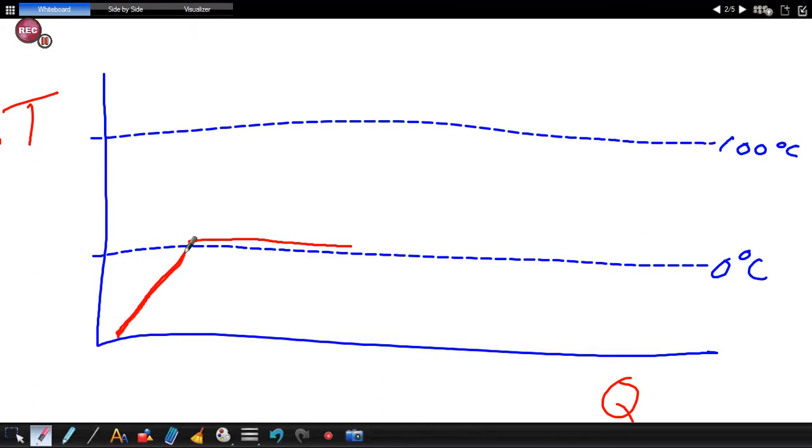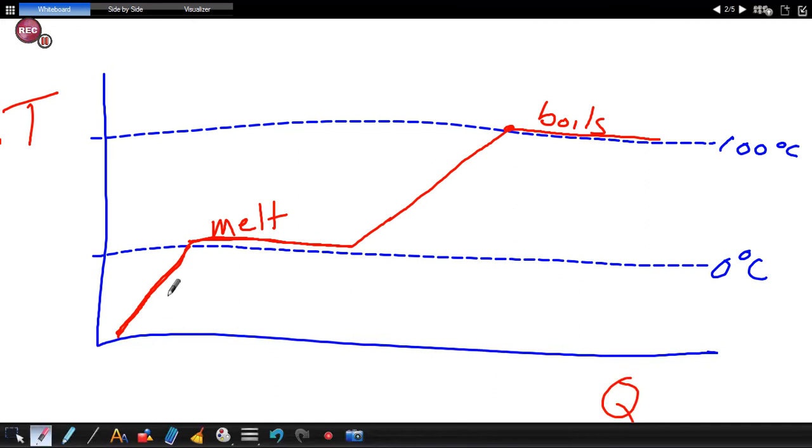The temperature increases till it flattens out again. Then, once we've melted all of the ice, the water heats up again. Now we work till we get to 100 degrees Celsius, and then it boils.